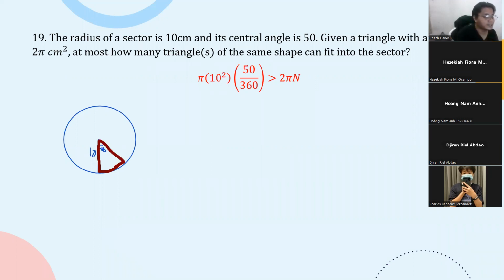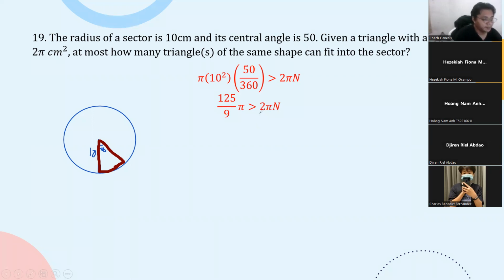Now that is supposedly greater than 2 pi times n, where n is the number of triangles that has an area of 2 pi. If we simplify this one, it will give you 125 over 9 pi is greater than 2 pi n. If you simplify 10 squared times 50 over 360, you'll have 125 over 9.